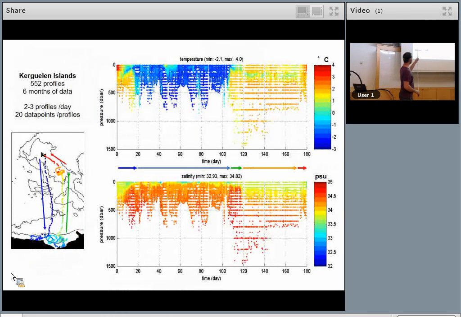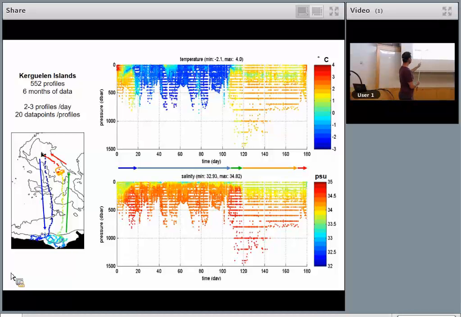Here you have one example of an elephant seal in the Kerguelen Islands going straight to Antarctica. That's a 2,000 kilometer distance. So in 3 weeks, they go to Antarctica, then stay along the Antarctic shelf for a couple of months, then go back to the Kerguelen plateau.